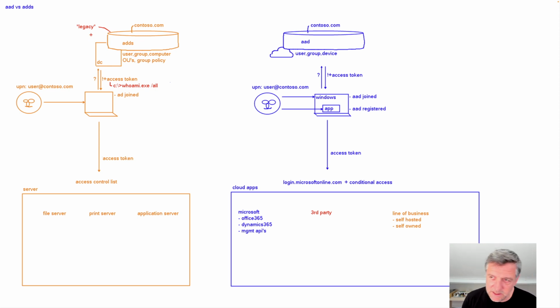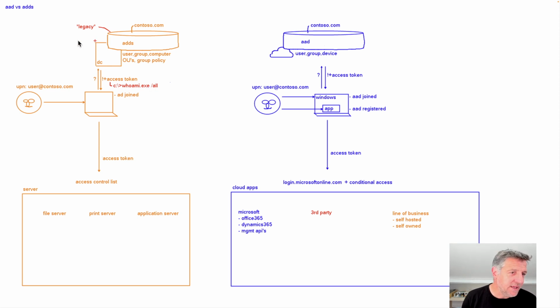Legacy to Microsoft doesn't mean that Microsoft does not support it anymore or that it's end of life anytime soon. But legacy means that Microsoft is not going to invest money into making it better. So there is still security patching, and if necessary, there is some updating, but only if necessary, not for new features. All the new features we will see here in Azure Active Directory.